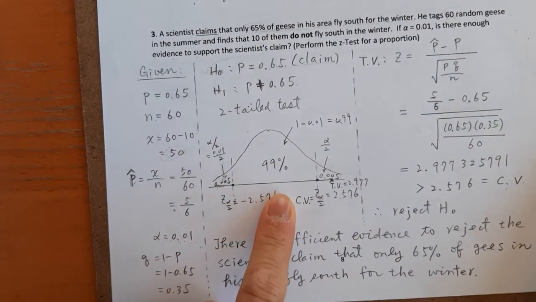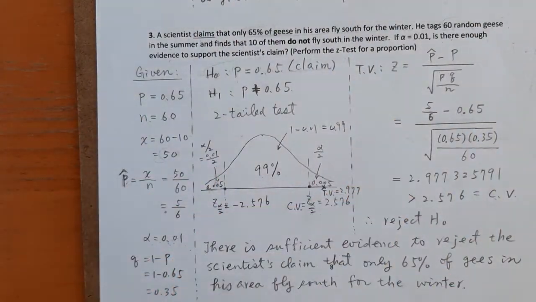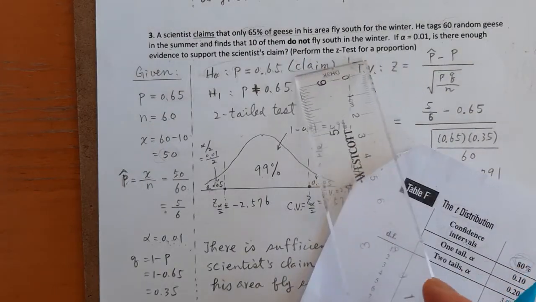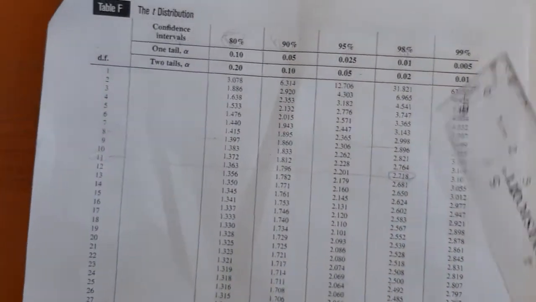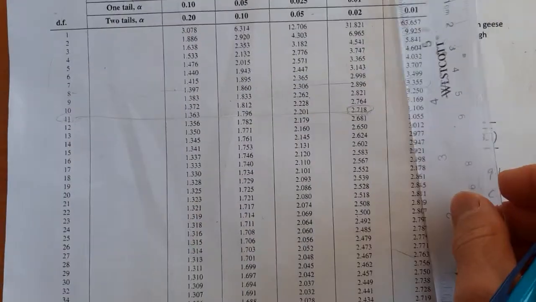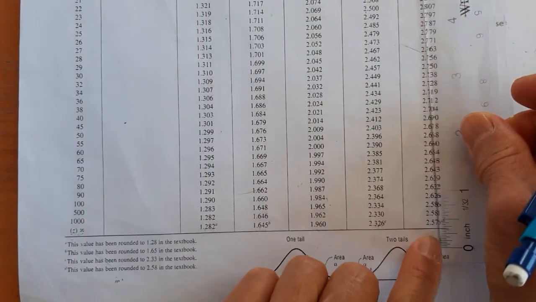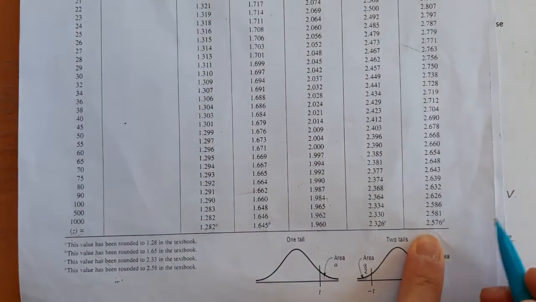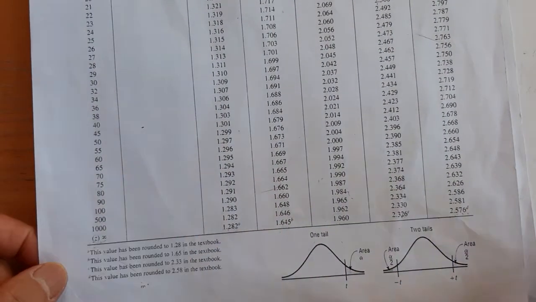For 99%, you find out for proportion we always use Z score. Use a Z test for the proportion always. So 99% here, go down to the last row, two-tail test. 2.576 is the Z score.